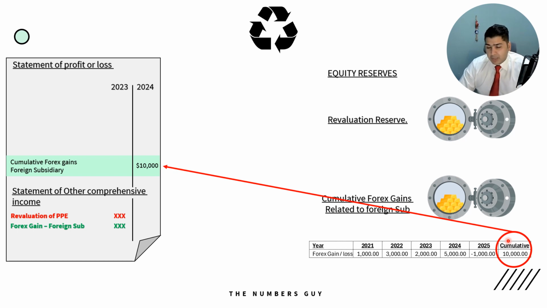I know many students criticize this by saying, but this is not the true performance of the company. Profits are being improved unnaturally. That makes sense. That is a criticism of the accounting standard, but this is allowed. And this is the idea of recycling.